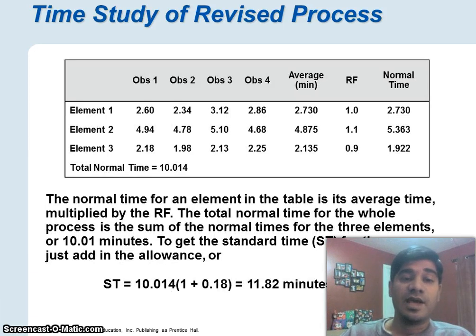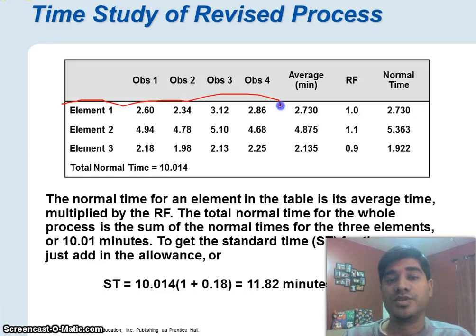So you have element one, and you have 4 observations for that. As you can see, element one, which is right here, has 4 observations.